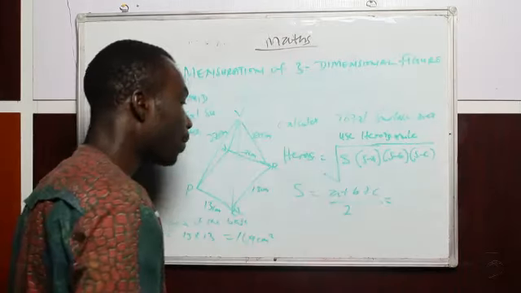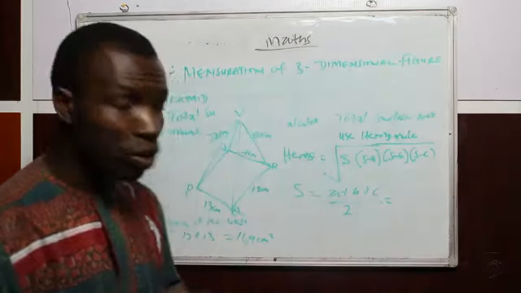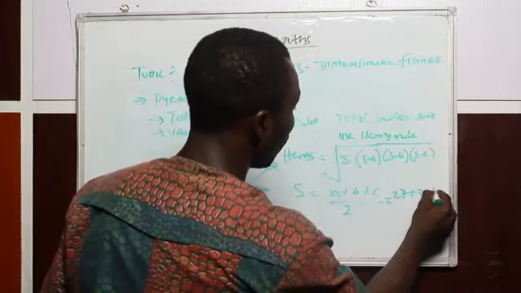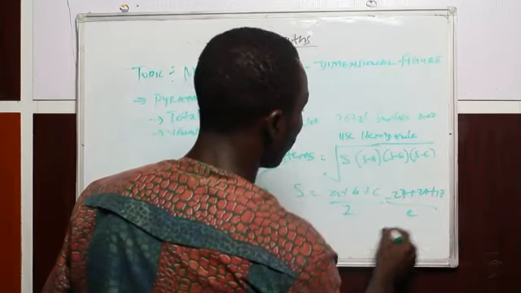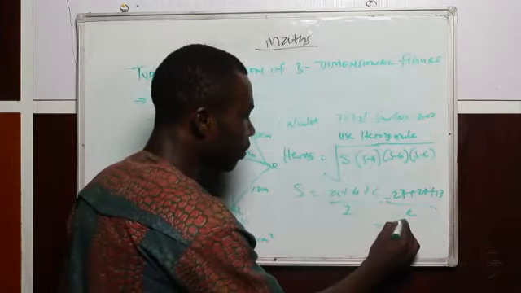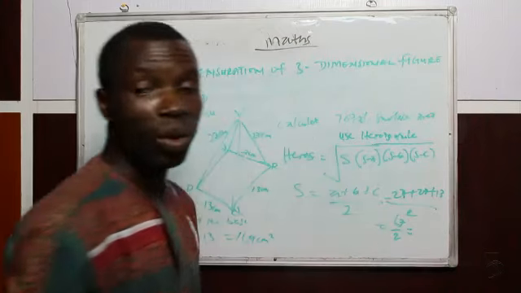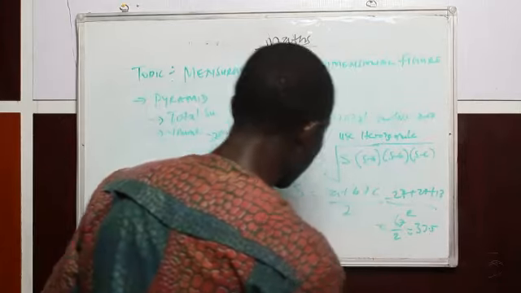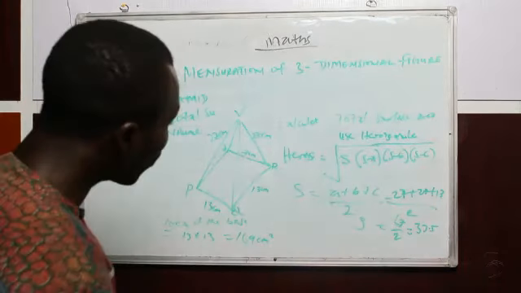So 27 plus 27 plus 13 over 2. Check your calculator. We have 67 over 2, which gives us 33.5. That's our x.